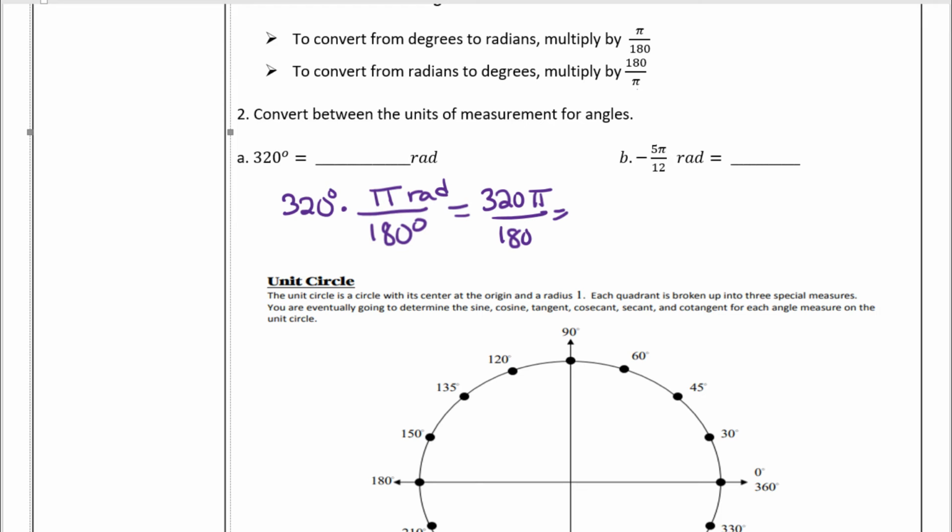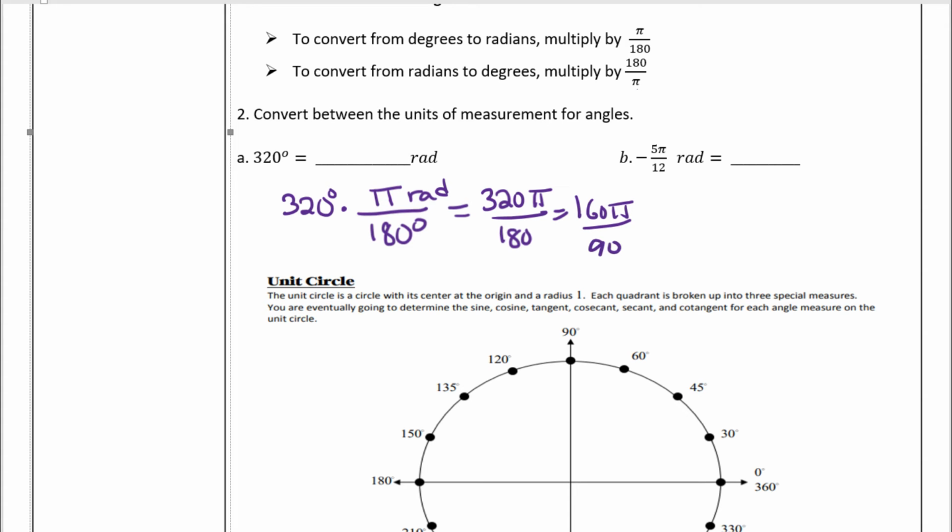To reduce the fraction, 320 divided by 2 would be 160 pi over 90.